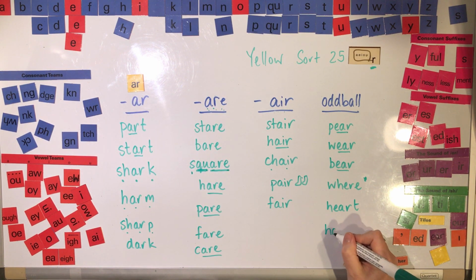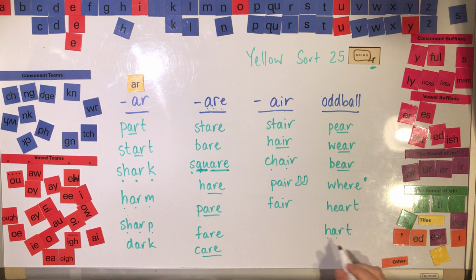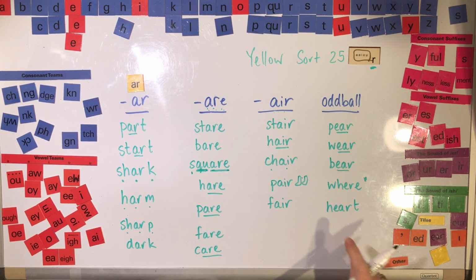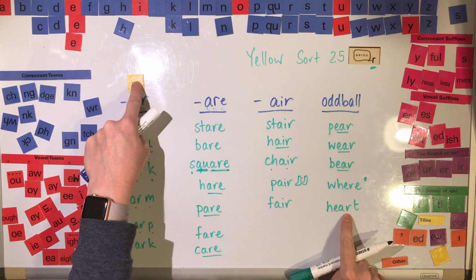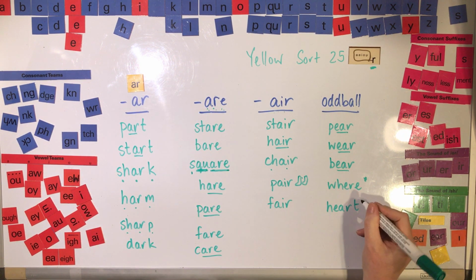So you can have the word h-a-r-t. I think that's a male deer or something. I've never used it in that way, but that word does exist. So that could be in this column, but it's actually not in your word list. But the heart, as in the heart that pumps your blood around your body, is spelt in this way, H-E-A-R-T. So it's actually saying an AR sound, but we're using this E-A-R. So this is also a little bit of an oddball.